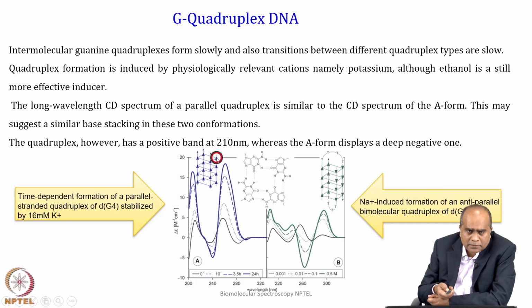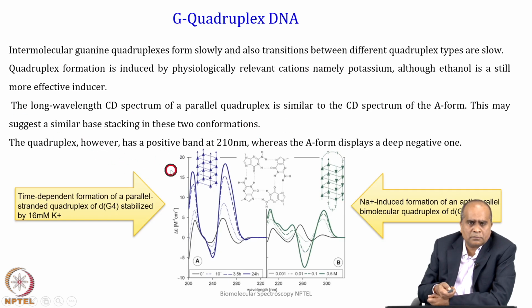like, say here G tetrad or T tetrad, all of these formations can happen by metal ions. You require a metal ion which stabilizes, namely potassium, although ethanol can also be an inducer in quadruplex generation.